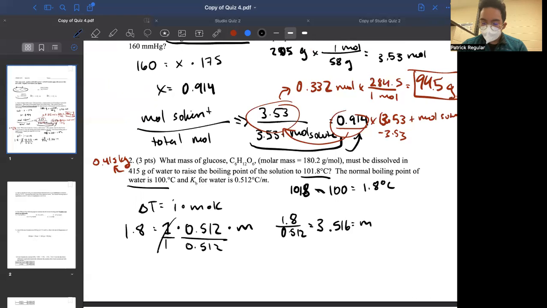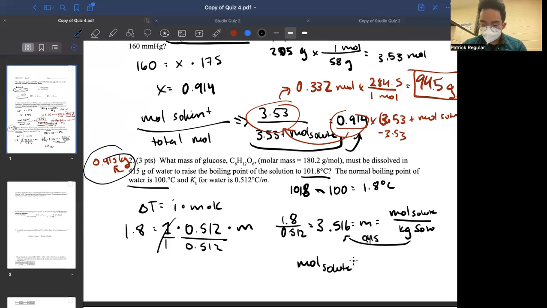3.516 as our molality. Remember, by definition, our molality is going to be the moles of solute over our kilograms of solvent. And we know our kilograms of solvent is 0.415, so we just multiply 0.415 over. So our moles of solute will thus be 1.459, right?